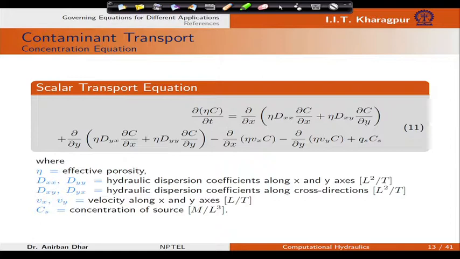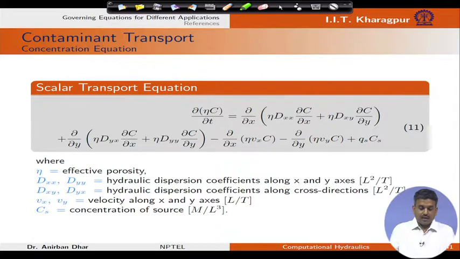We need to solve another extra equation for contaminant transport, that is our scalar transport equation, where C is the concentration and eta is the effective porosity.